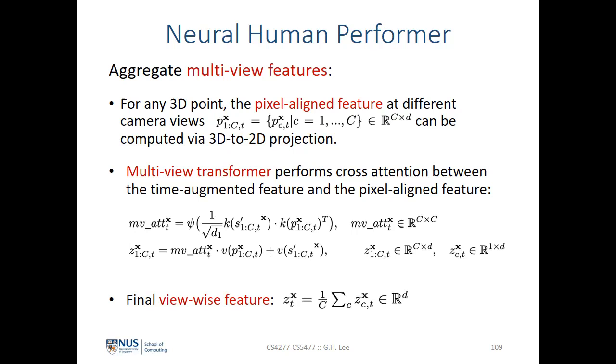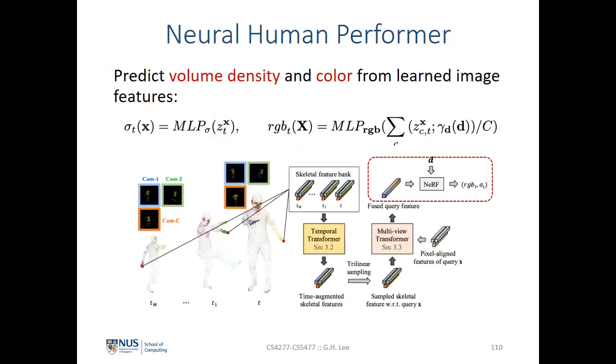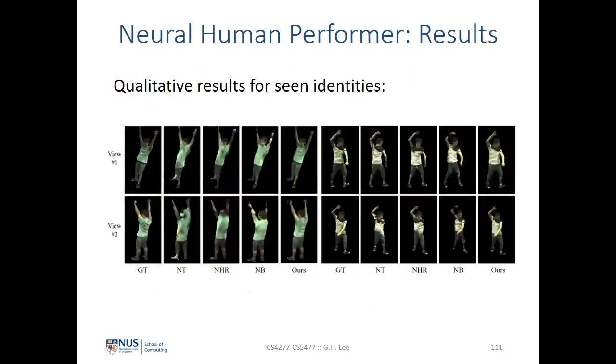Then finally you get a final view-wise feature over here, Z, and then you learn the MLP from this final feature to output the volume density and the color. So as a result, this is probably one of the best results now.